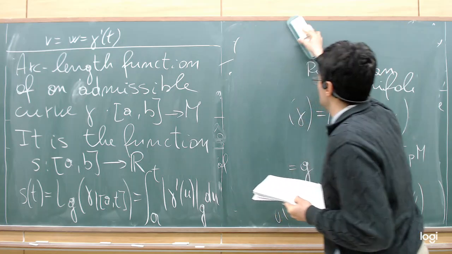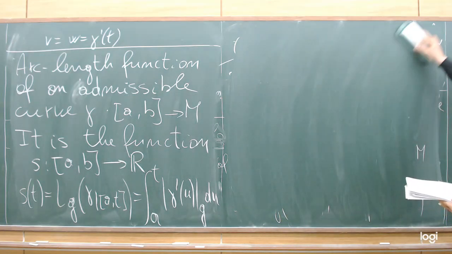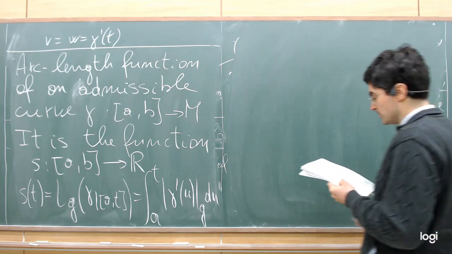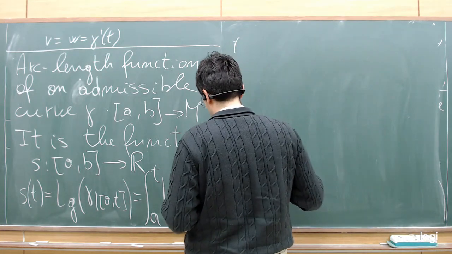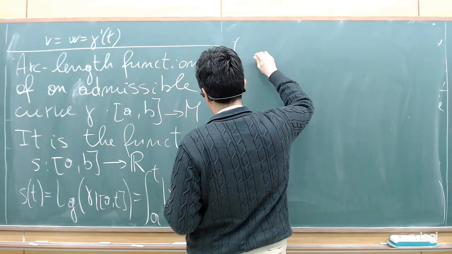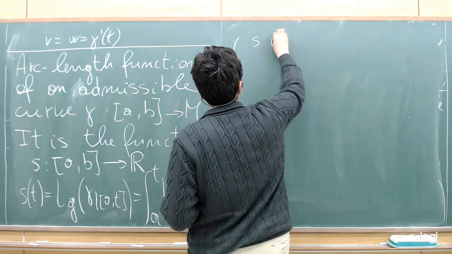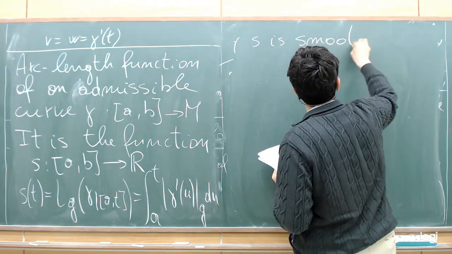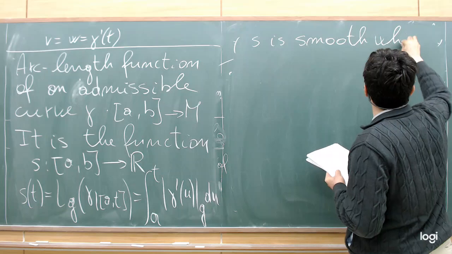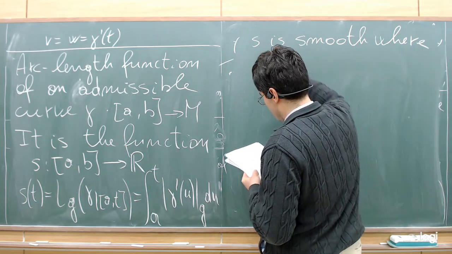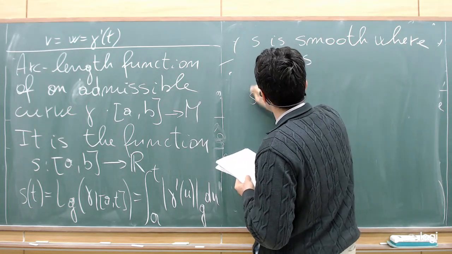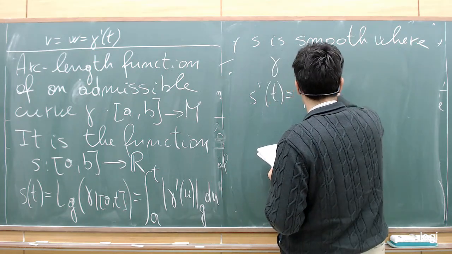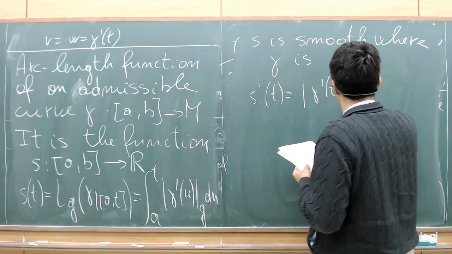It's possible to prove using the fundamental theorem of calculus that S is smooth where gamma is, and S prime of t is the norm of gamma prime t.